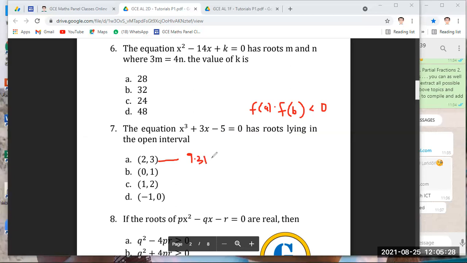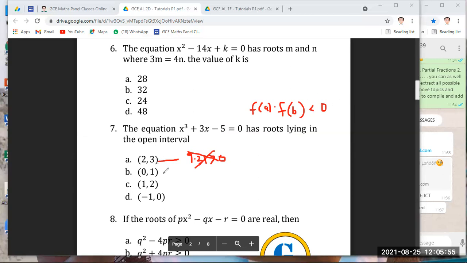So 9 times 31 is greater than 0, because this number is positive and the second one is positive. Are we together? Yes, madam. The root cannot be in this interval because our result is greater than 0. It will only be in the interval where our result is less than 0.